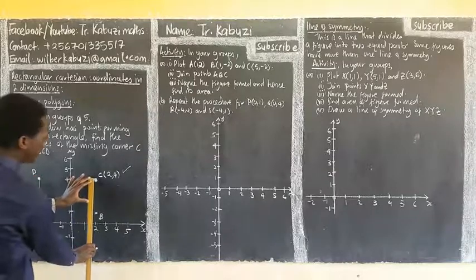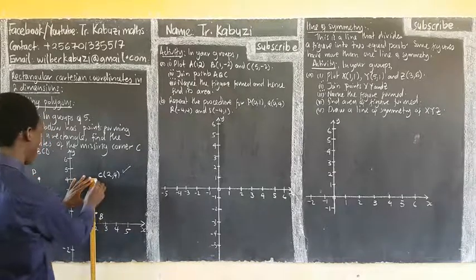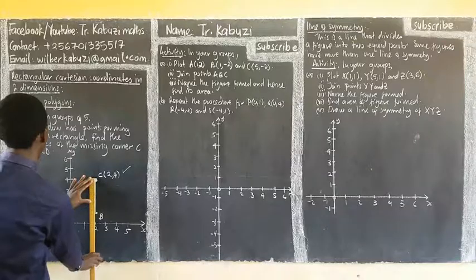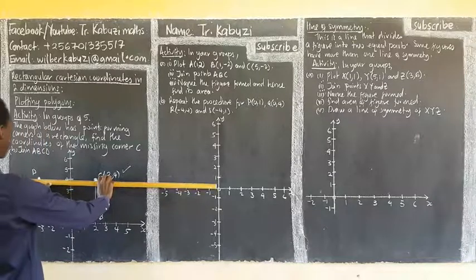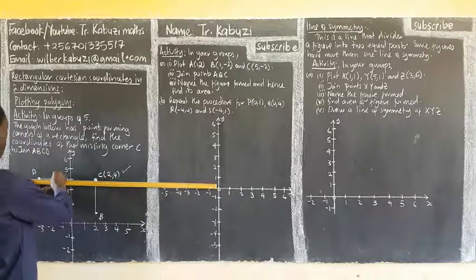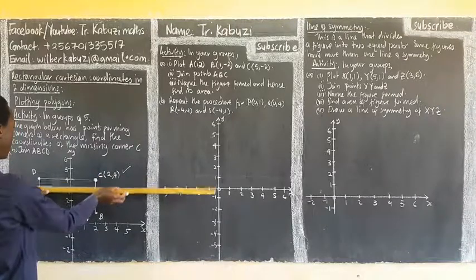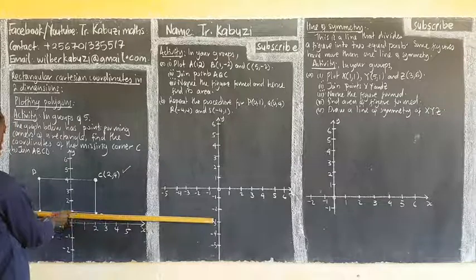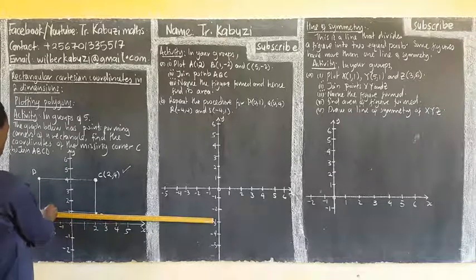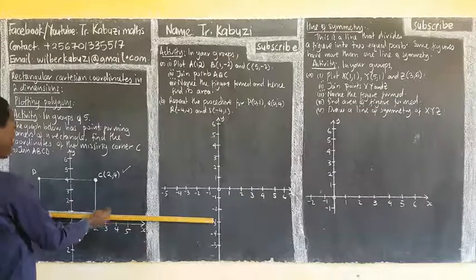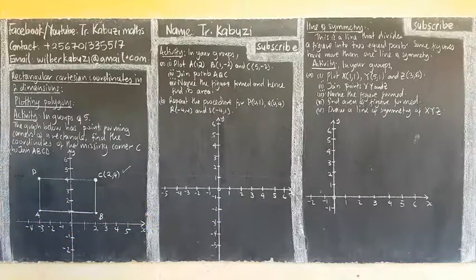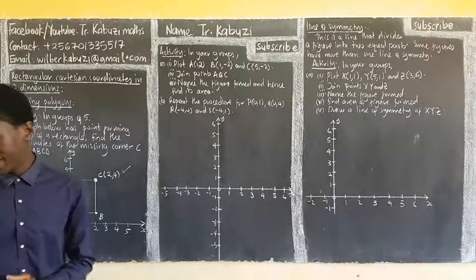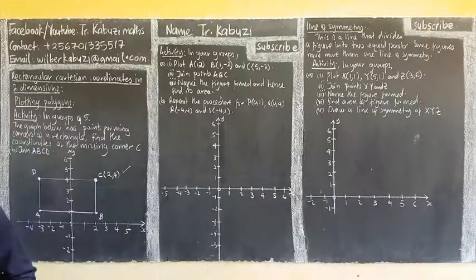Then you also join this, then this, then also this. I think you can see that's the rectangle we are talking about. So can you clap for that group? Okay.